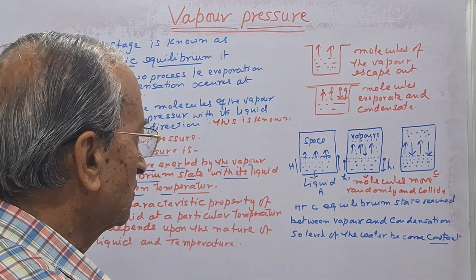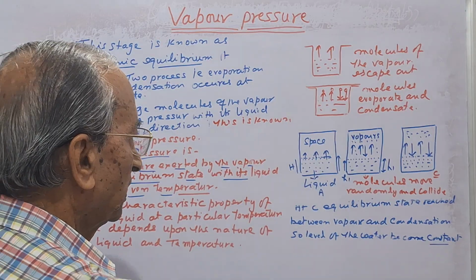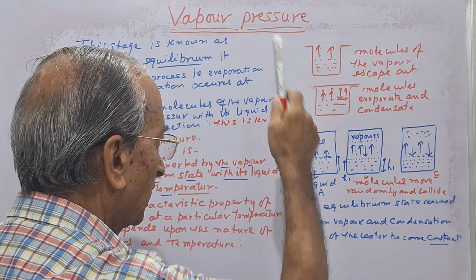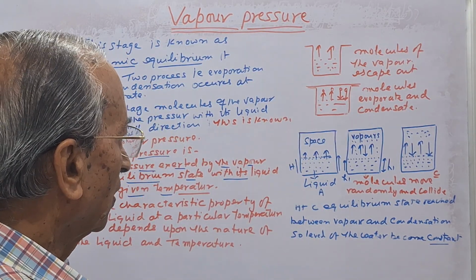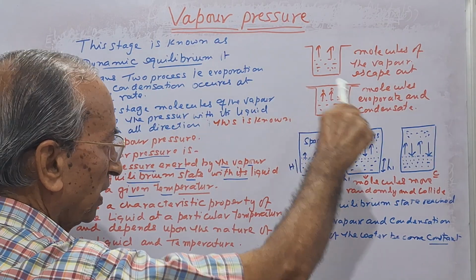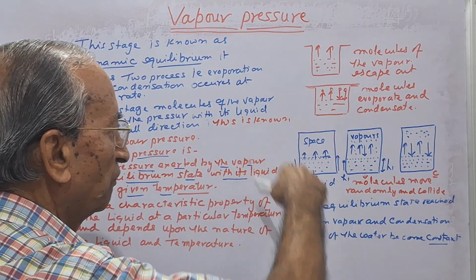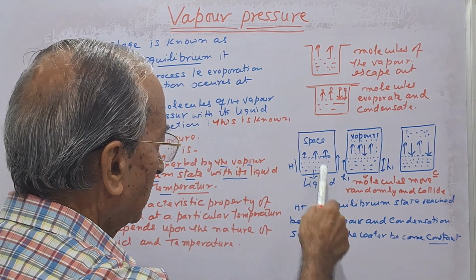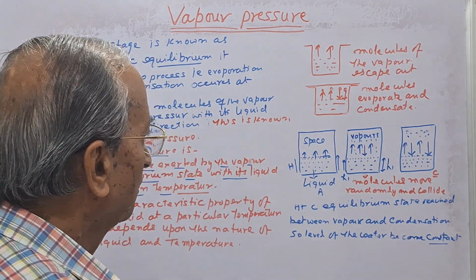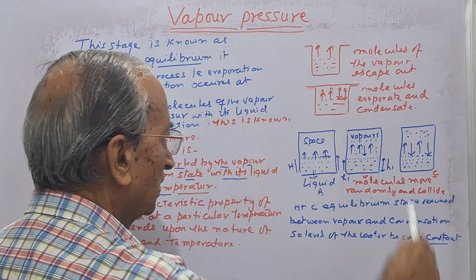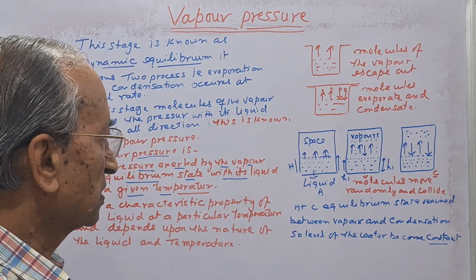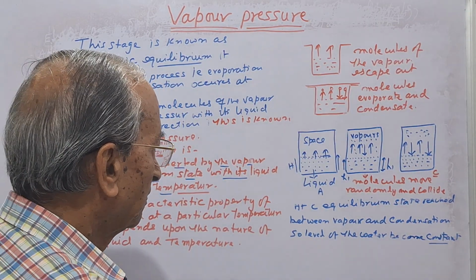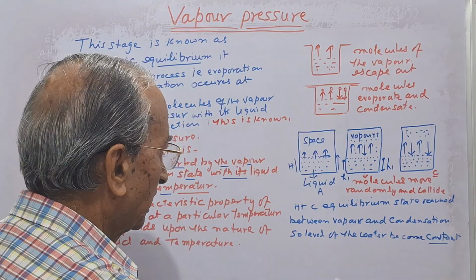Evaporation of the water takes place and the molecules come out from the water and move in a confined space. When the water molecules come out and are confined in a space, we will see that the level of the water decreases.